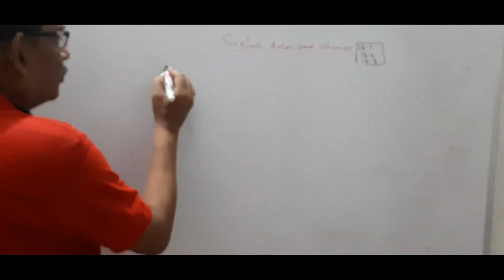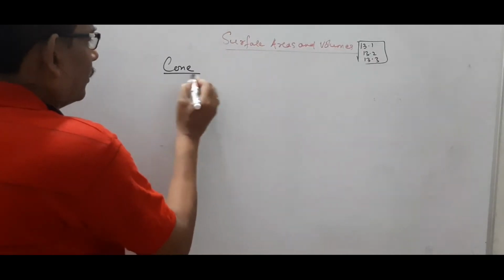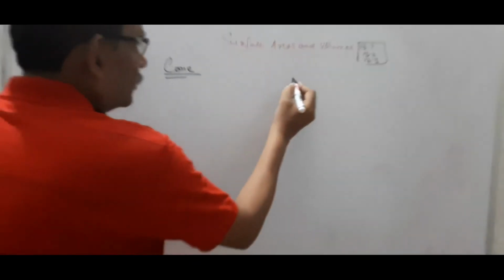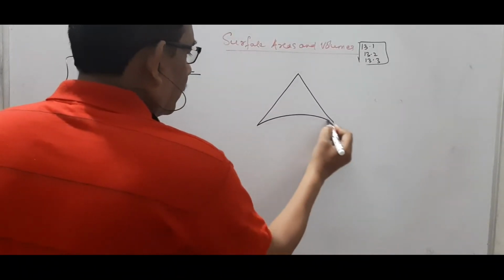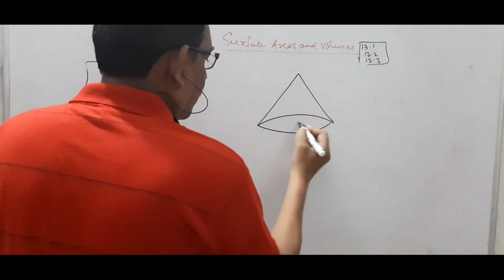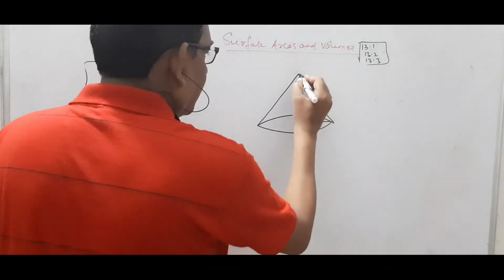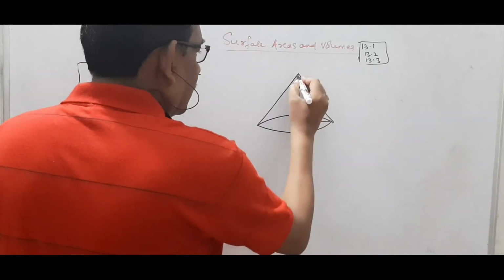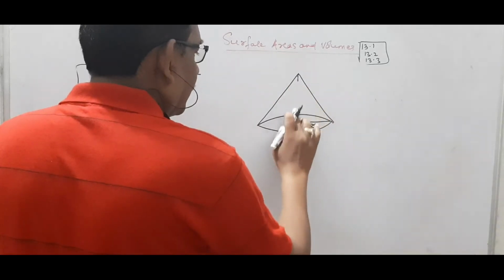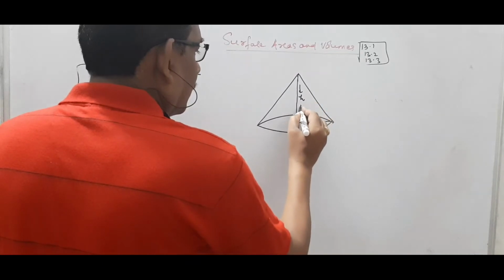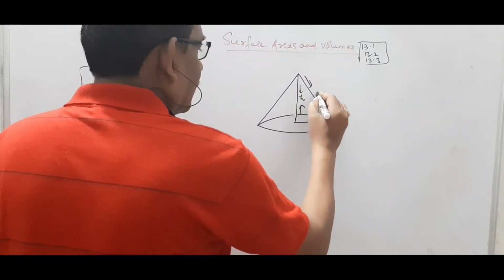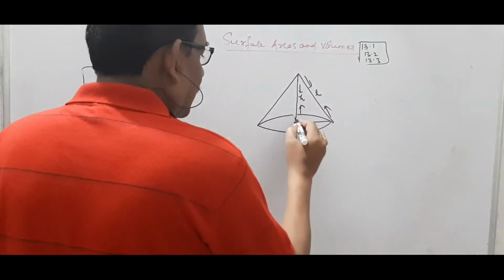Now cone. It is your cone having radius r. It is your vertical height h. It is slant height l. It is your 90 degrees.